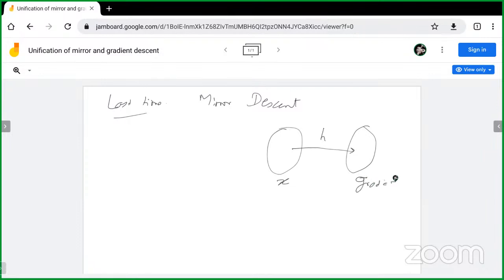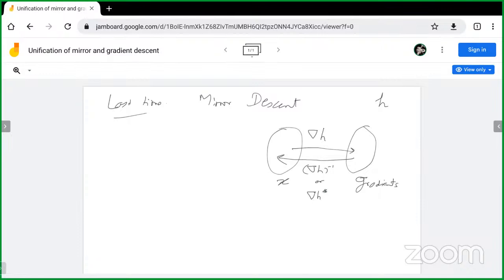So for the function h you use the map gradient h to map from the original space to the gradient space, and you use the inverse of the map, or maybe you use the gradient of the differential dual, to go back.